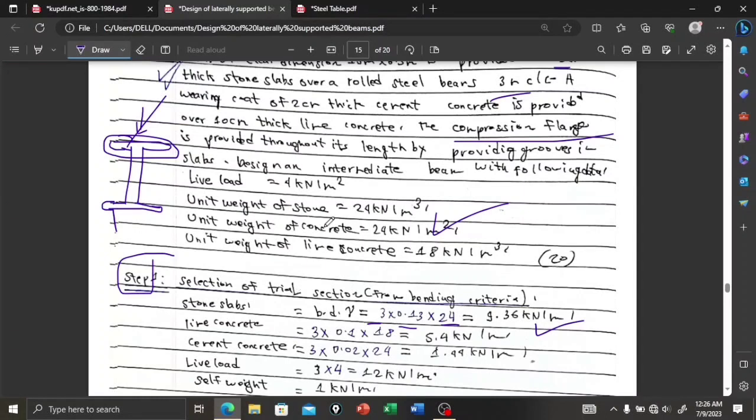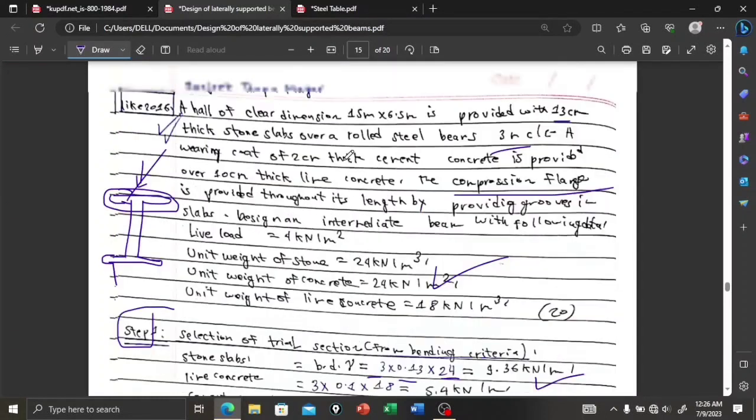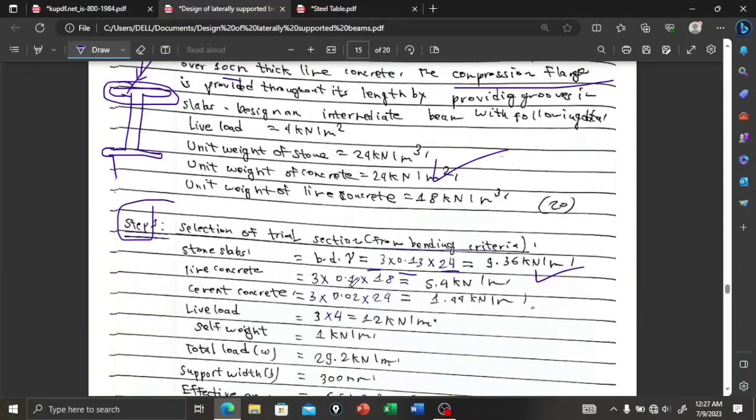For lime concrete, it is 10 centimeter, so 0.1, center to center is 3, and unit weight is 18, so it is 5.4 kN per meter.